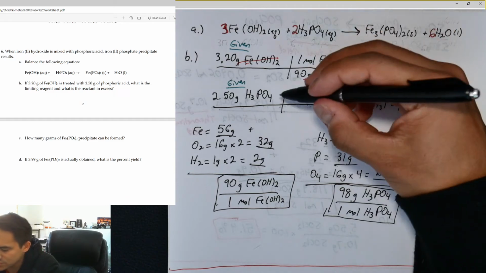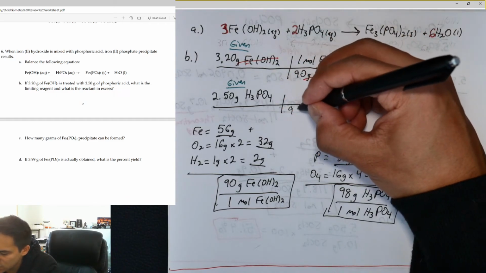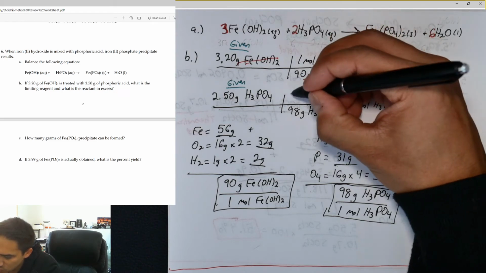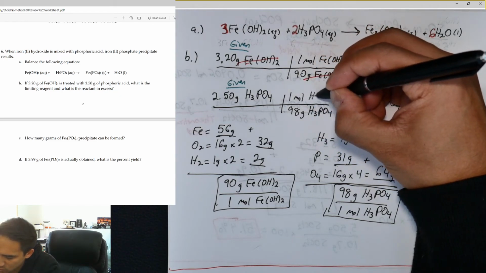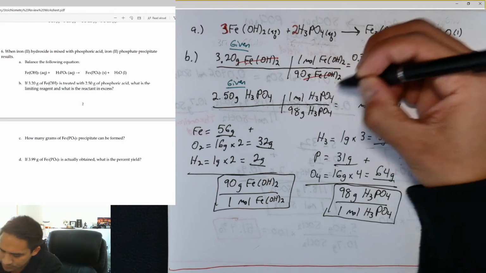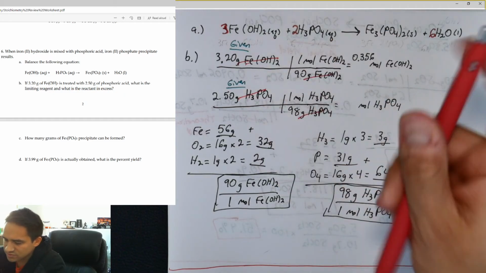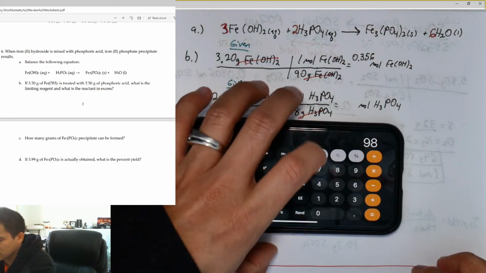Okay. Since I'm starting with grams of H3PO4, the 98 grams of H3PO4 will go on the bottom. The 1 mole of H3PO4 will go on the top. So grams will cancel.